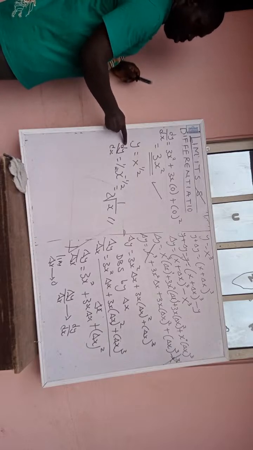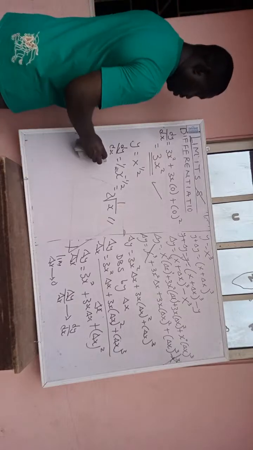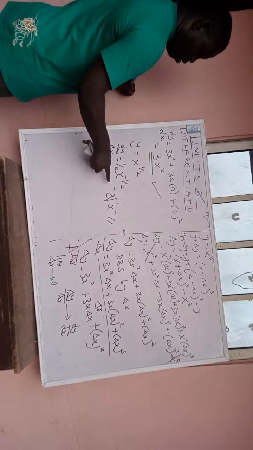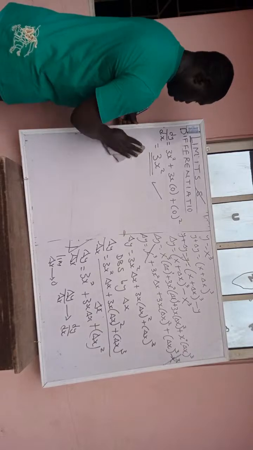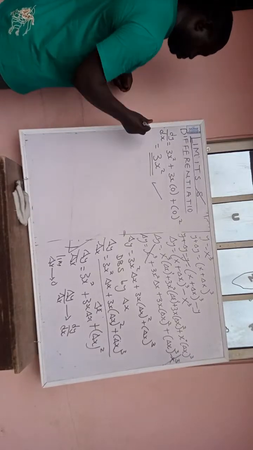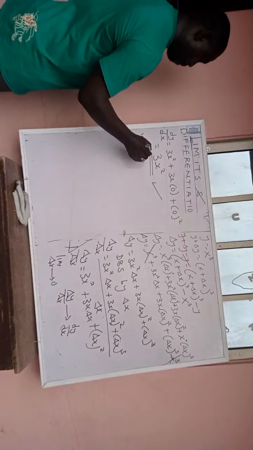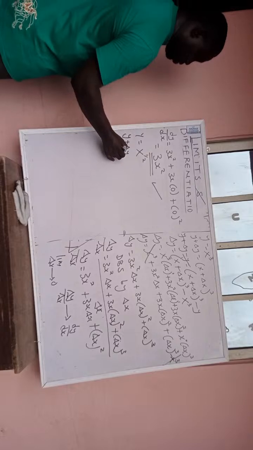Remember, it was just one line I used, and look at what I got. Now I want to use first principle to solve this and see if I'm going to get this or not. So let's go. So using first principle, apply change in y as usual.